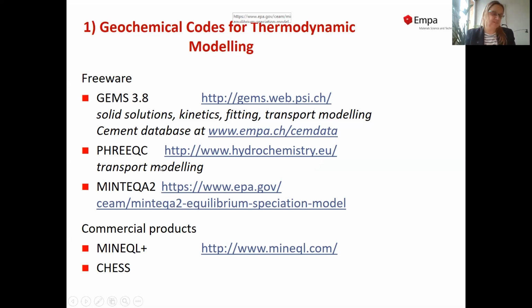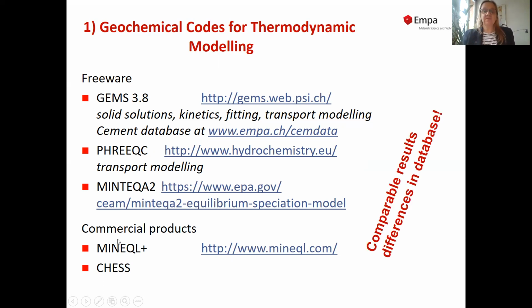You also can use PHREEQC or MINTEQ, or there's also a number of commercial products available which you could use. The take-home message I want to give is it doesn't matter which software you use, you will get comparable results. The main difference is in the database which you use or which is associated with the different software.